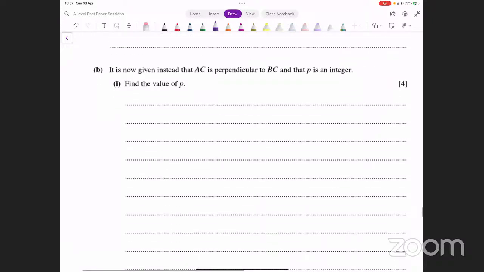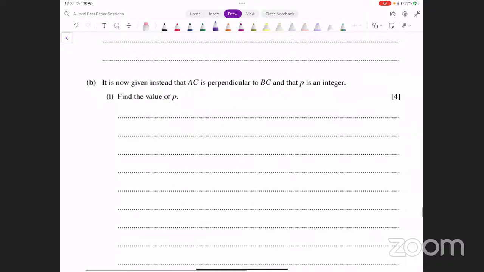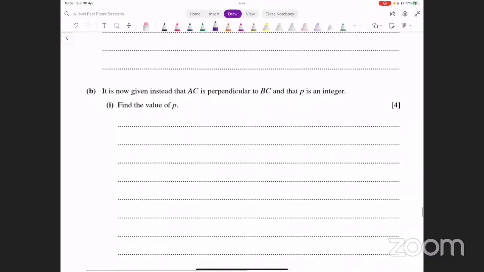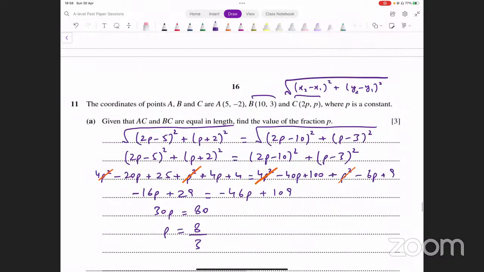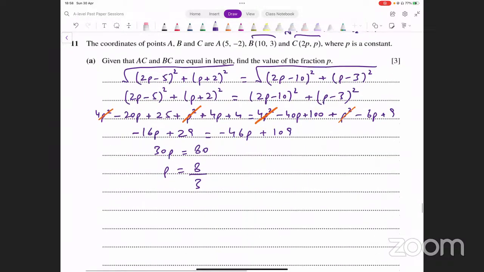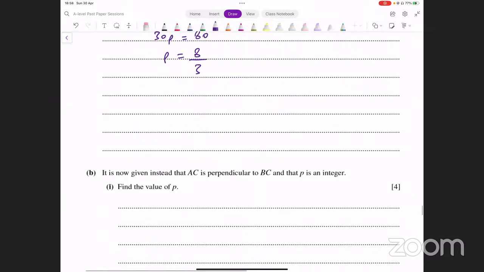Okay, acha. Let's start with this. It's now given instead that AC is perpendicular to BC and that P is an integer. Find the value of P. Acha. It is now given instead. Okay. Acha, this wording is very important.